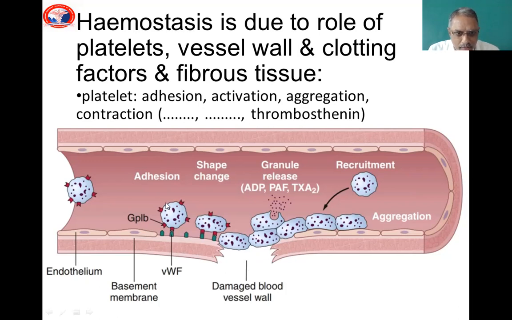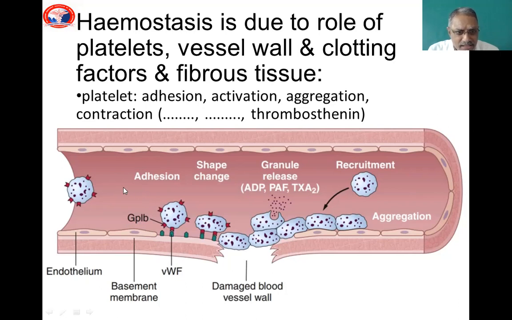Now, platelets have receptors. The name of the receptor is glycoprotein 1B. And the endothelial cell and the platelets secrete von Willebrand factor. The platelets get their von Willebrand factor from their precursor megakaryocytes.